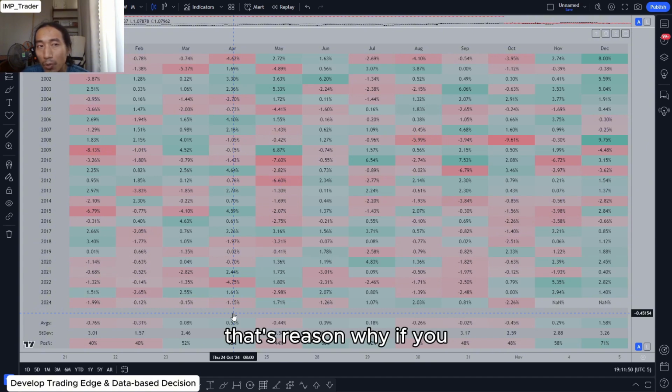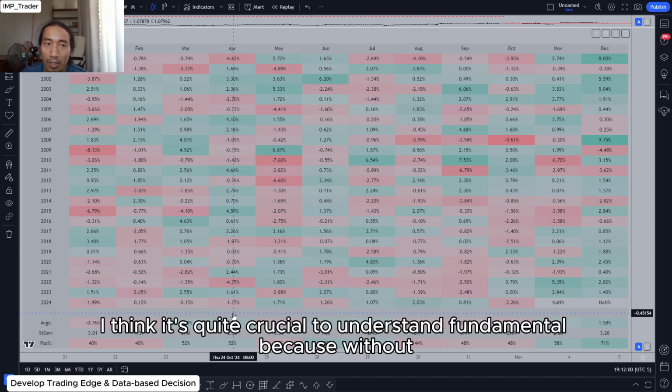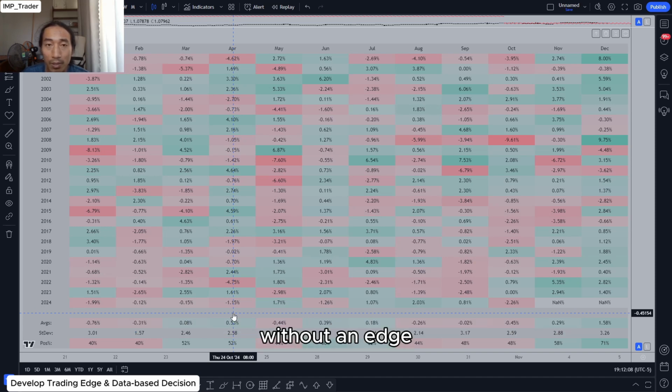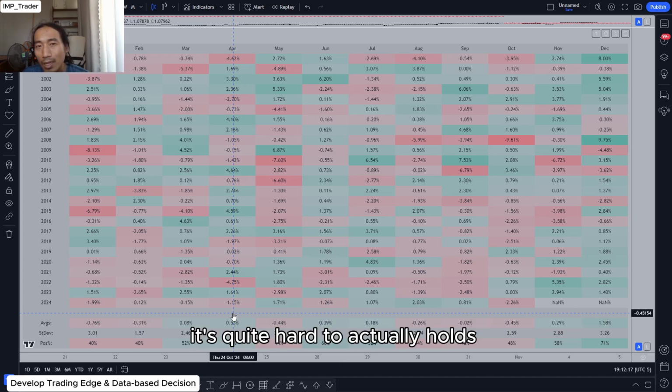That's the reason why, if you use a trend-following or trend-based trading system and you're swing trading currencies, I think it's quite crucial to understand fundamentals, because without an edge or a deep understanding of the economic and fundamental background, it is quite hard to hold the correct pair in terms of technical analysis.